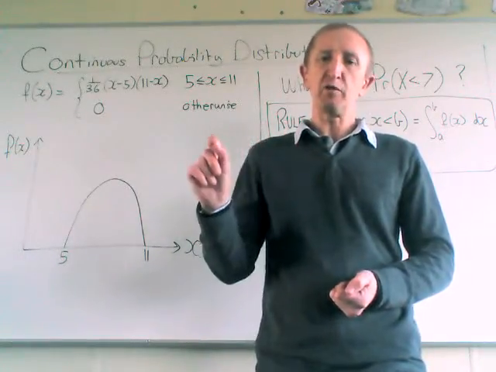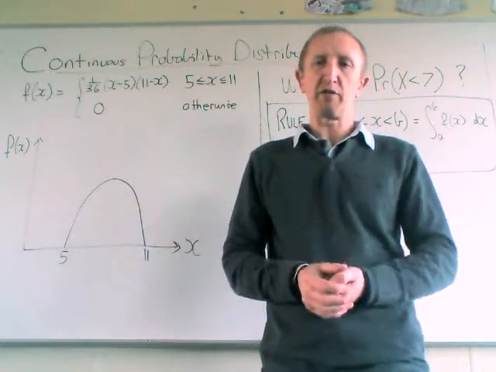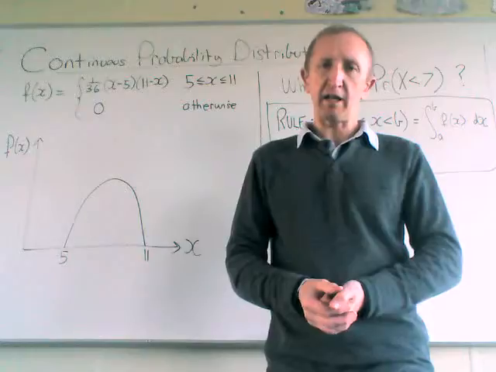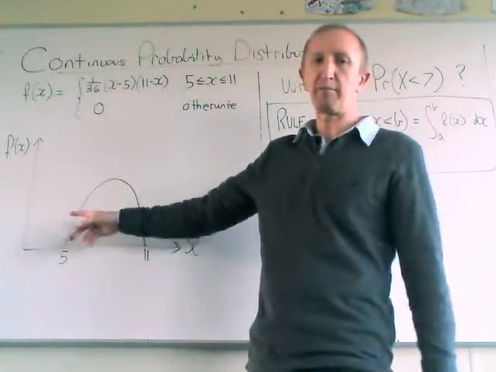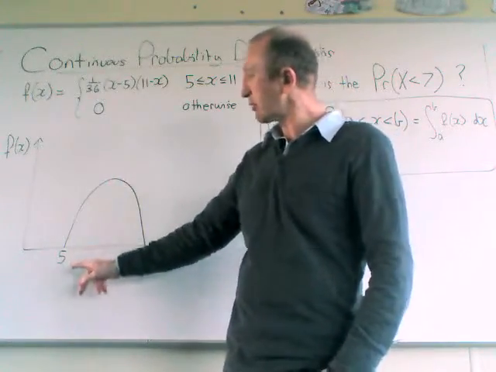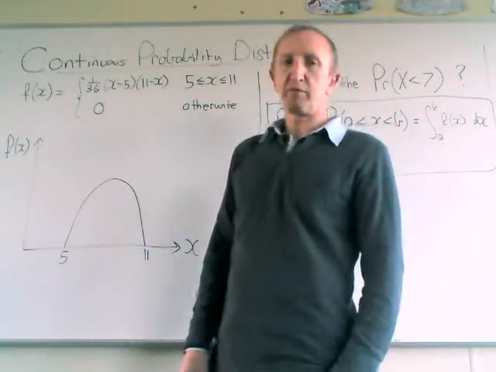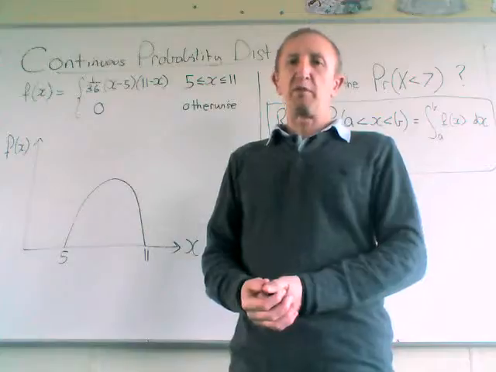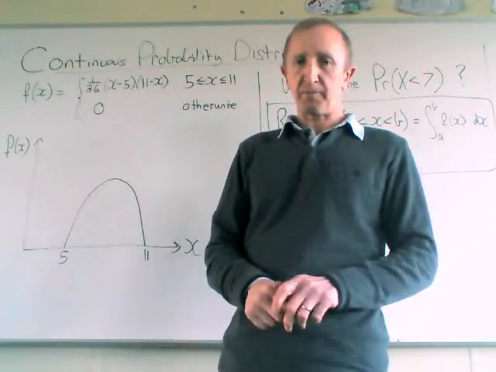Because it's continuous, we need a probability for every single thing that can happen in between those numbers. The only way we can represent that is via graphs, because a continuous graph, like the one up here, can show every single occurrence of every number between 5 and 11 and what the probability is. So for continuous probability, we are going to be using graphs to answer these questions.